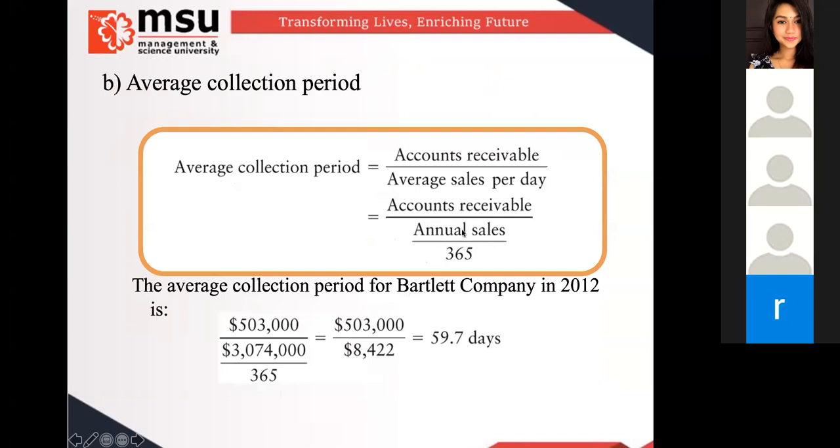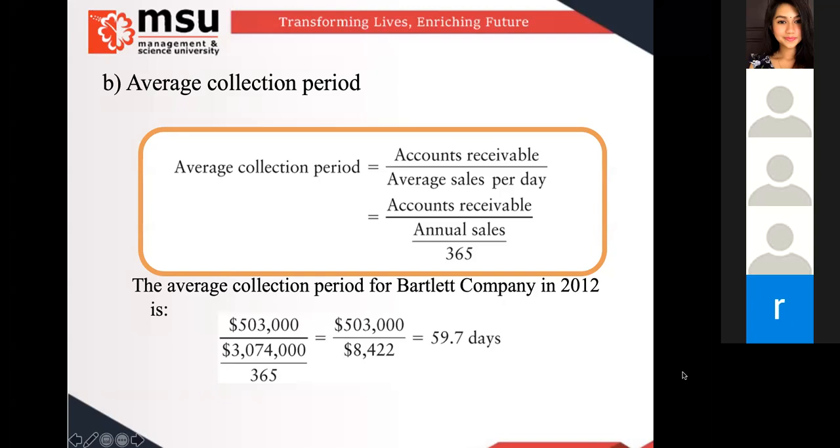So for average sales per day, we have to divide by 365. But how can we find annual sales? Where can we find the amount for sales?